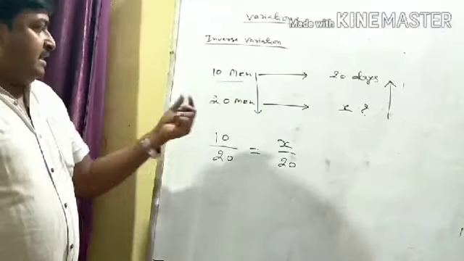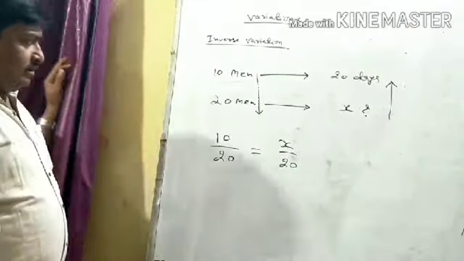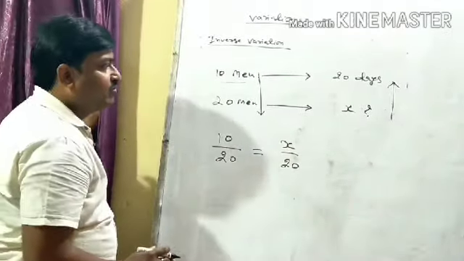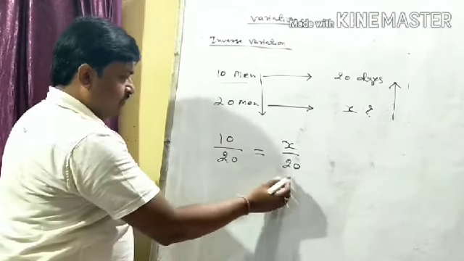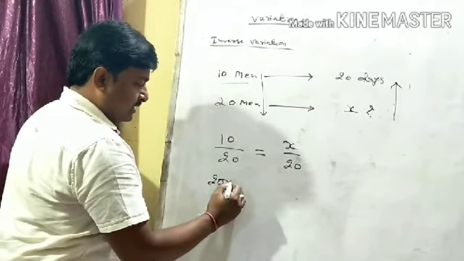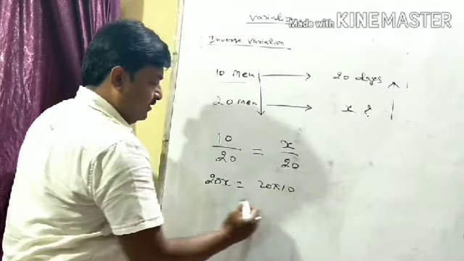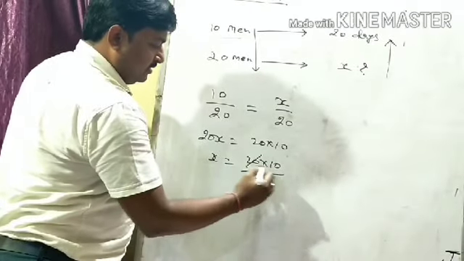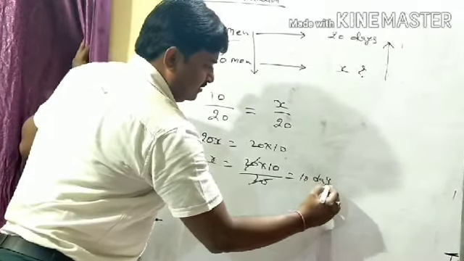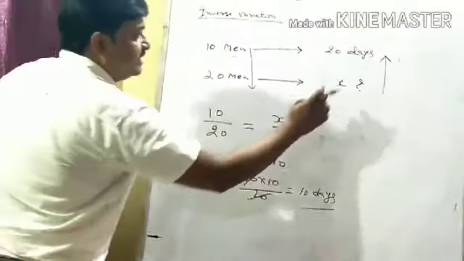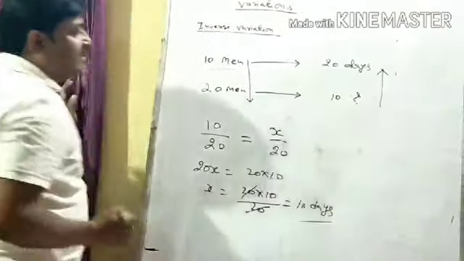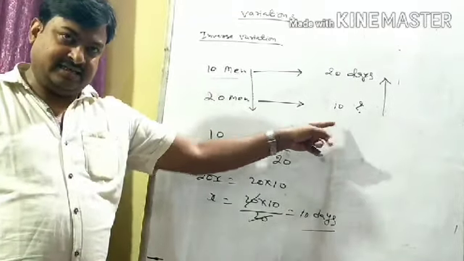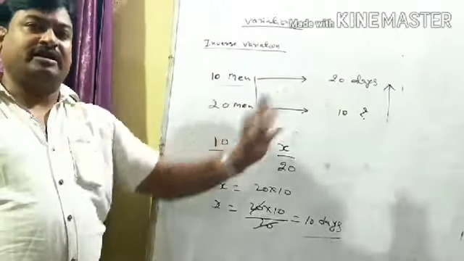Therefore 20X is equal to 20 into 10, so X is equal to 20 into 10 by 20, which is 10 days. See, the value of X is 10. That means if one side increases, the other side decreases. This is the example of inverse variation.